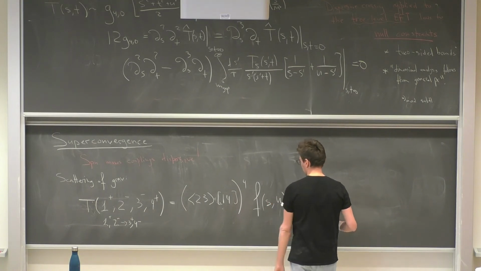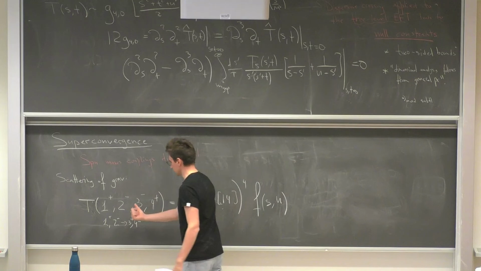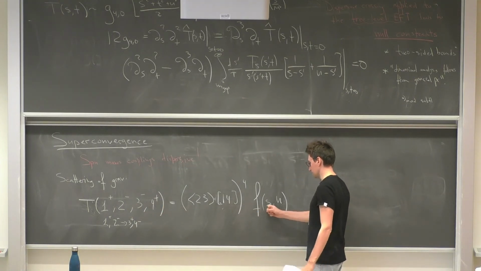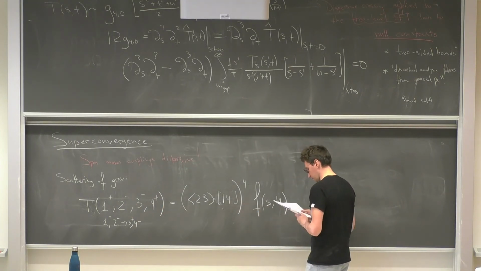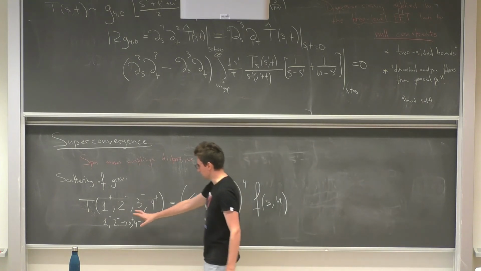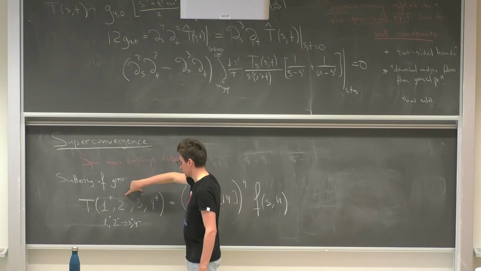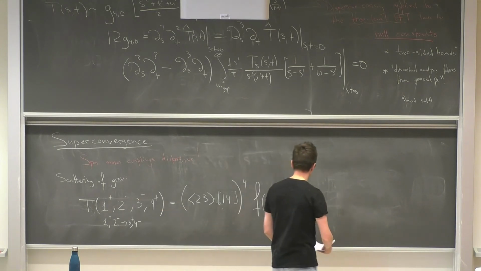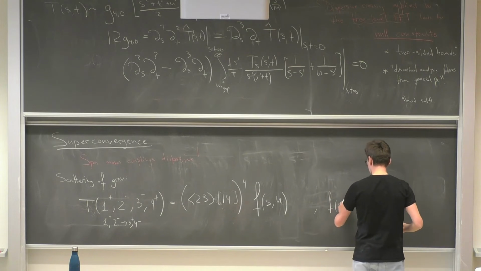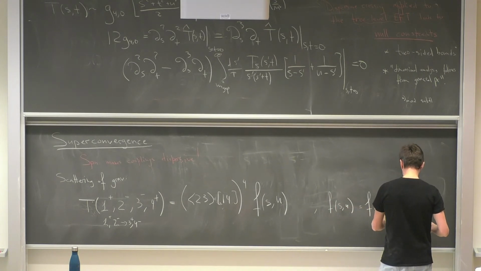You have a universal prefactor, which takes care of the fact that these are spinning particles. And then you have a function of the Mandelstam invariants. Moreover, if you exchange particles 2 and 3, because they're both minus, the process doesn't change. So there is a crossing symmetry relation, which says that F of t, u and s is equal.